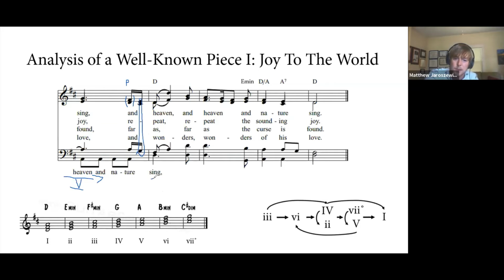And as we expect, we return to 1 here, our D major triad. Next chord is our 4 chord, second inversion with D in the bass, our G major chord. 4 returns to 1. We have a passing tone here to get us from one voicing of 1 to another.